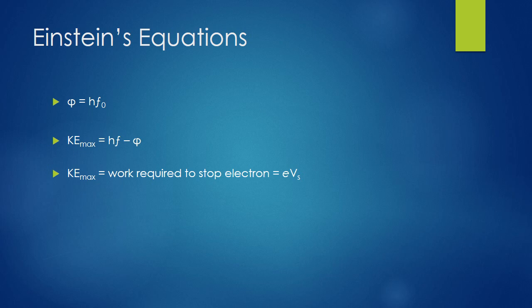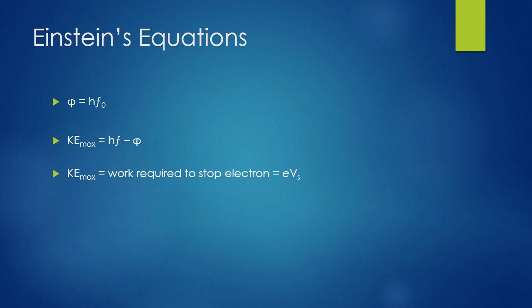And lastly, we know that since the work done in moving a charge through an electric potential is equal to Q times delta V, and work is also the change in kinetic energy, we know actually that the maximum kinetic energy of an electron emitted from that photoelectric surface is equal to the work required to stop that particular electron, which is equal to the charge of an electron, E, times that stopping potential.